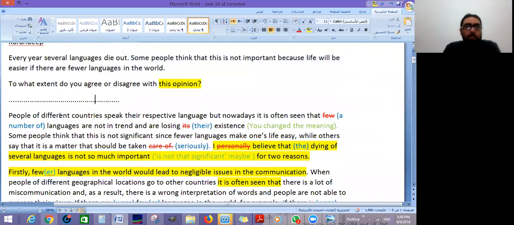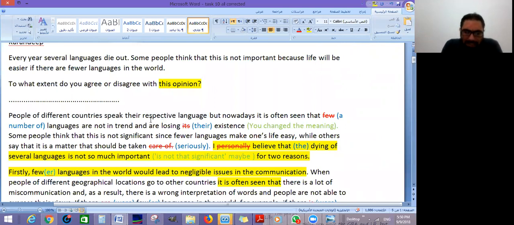Here I have "people of different countries speak their respective language." Okay, now nowhere here do I find this. And why do I worry about people not rephrasing the sentence correctly?